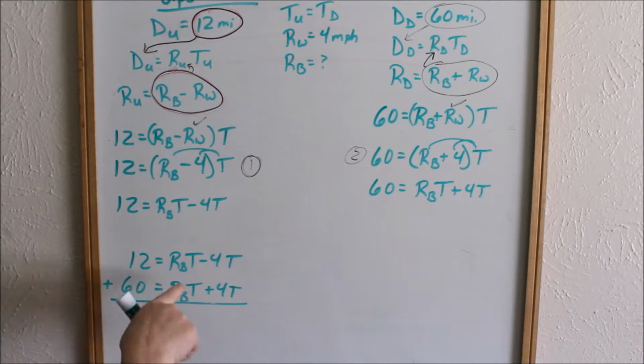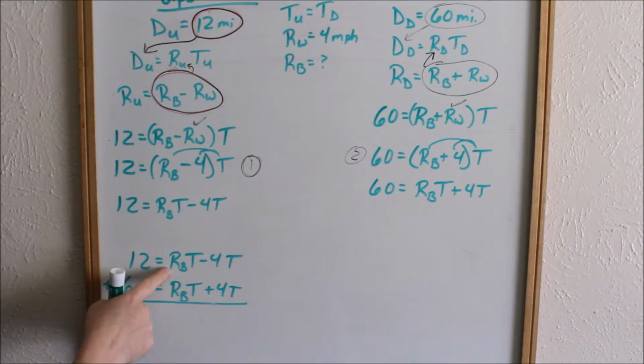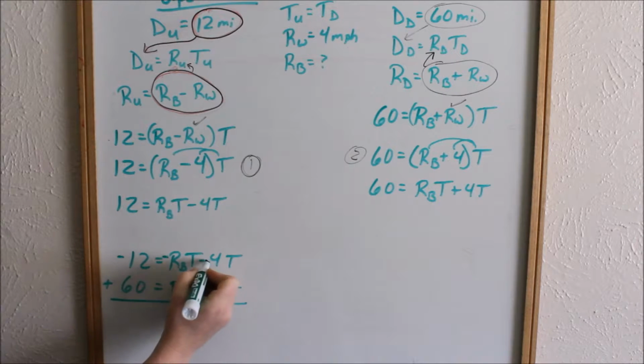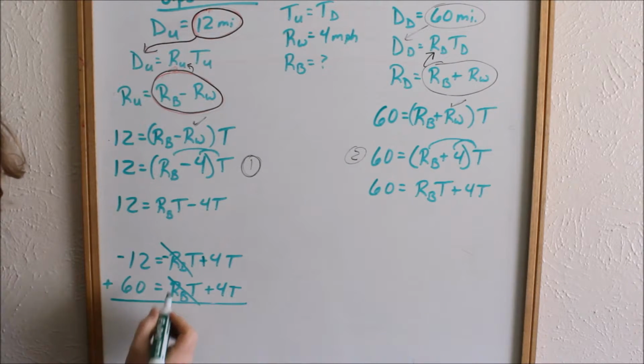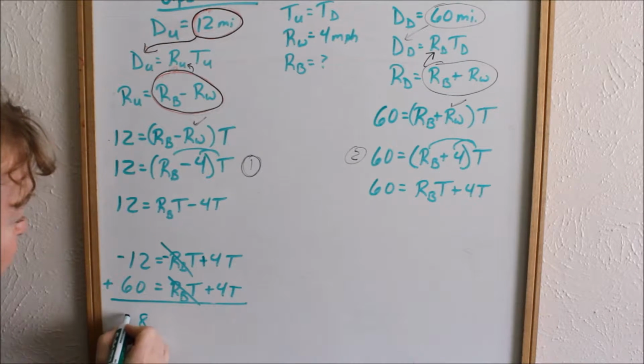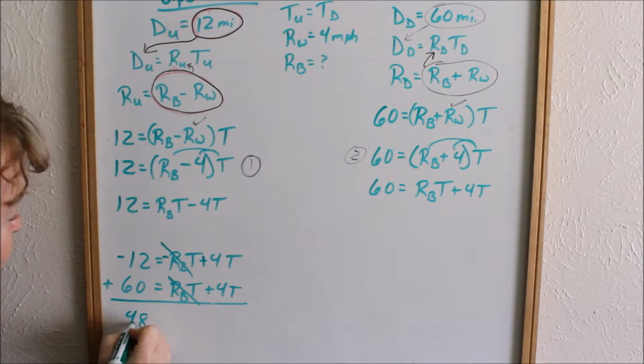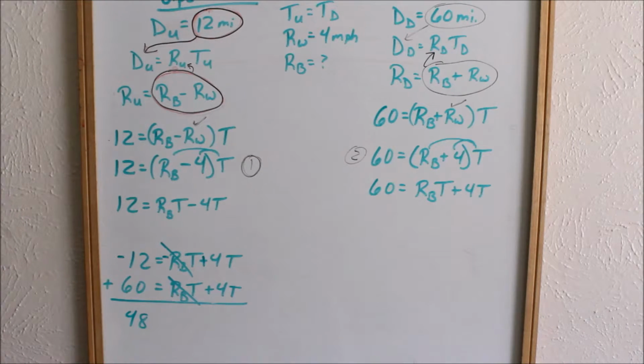If these are both positive, one of them has to be a negative. So if we multiply everything by -1, it changes the sign of everything. Now we can add our equations together, and those weird looking things eliminate. Now we can add this. 48 equals 8T.